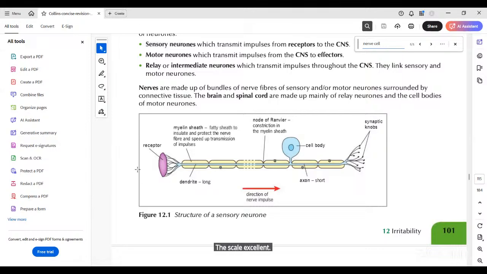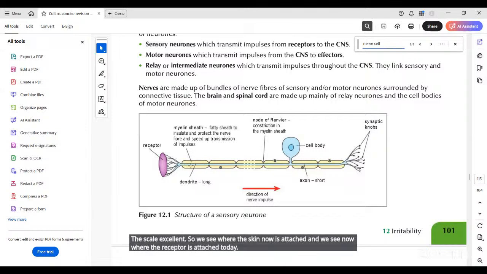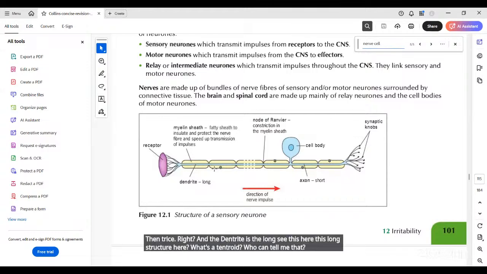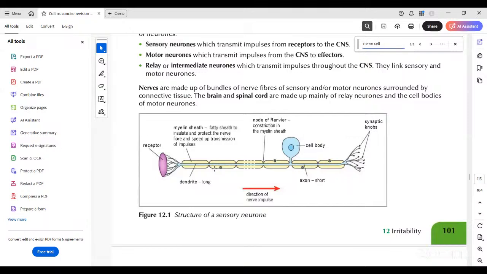So we see where the skin is attached, and we see where the receptor is attached to the dendrites. Right? And the dendrite is the long structure here. What's a dendrite? Who can tell me that? If I should define the dendrite, how would you say?